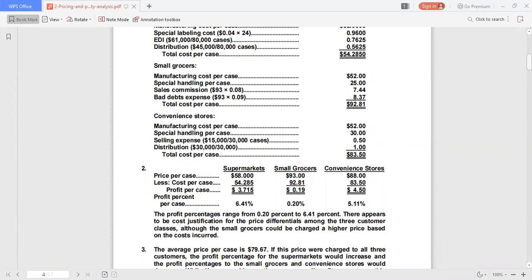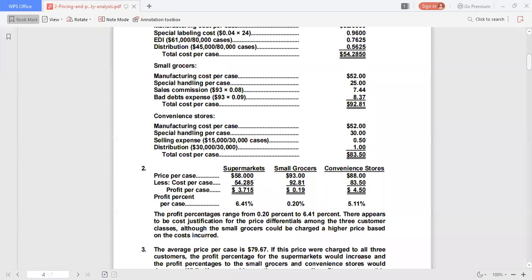But then actually the small grocers are charged with the highest price, but the profit percent is still the lowest. Now, in requirement number 3 of 2-2, what if Kauni charged the average price per case to all customer classes? How would that affect the profit percentages? The average price per case is computed at 79.67.